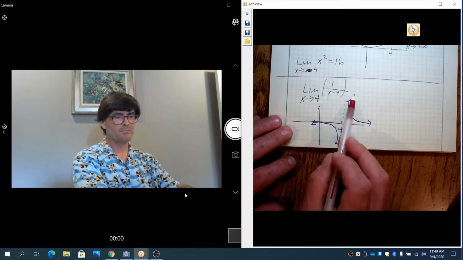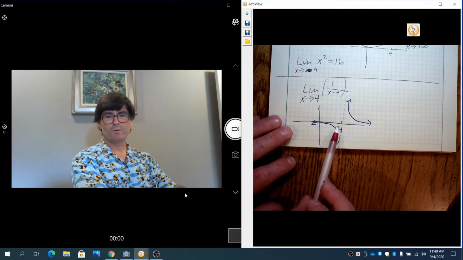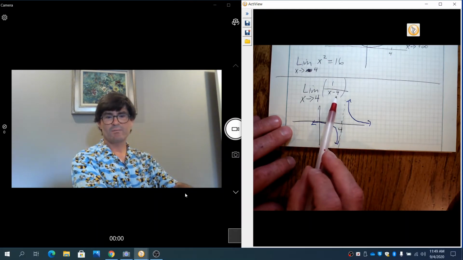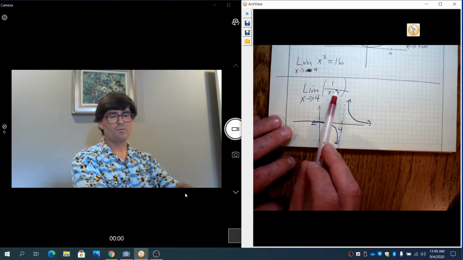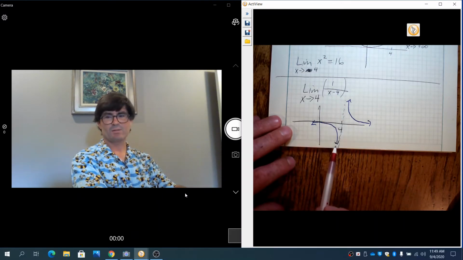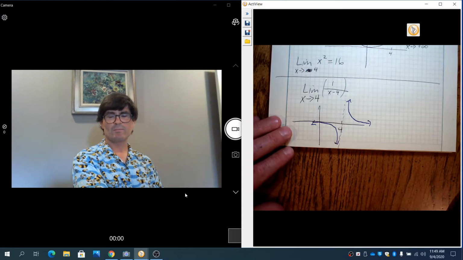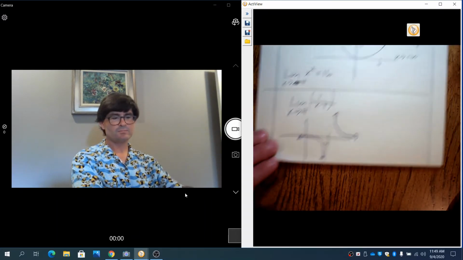For a number just below 4, maybe 3.999, minus 4 is a small negative, and 1 over a small negative is a big negative. That is reflected here. So this is a case where the limit doesn't exist because of divergence.